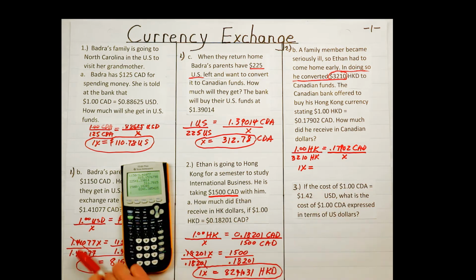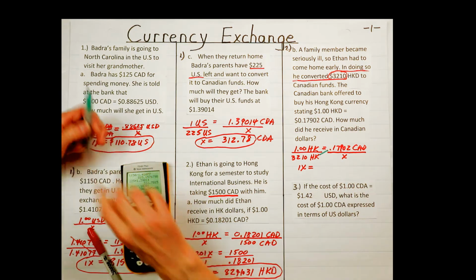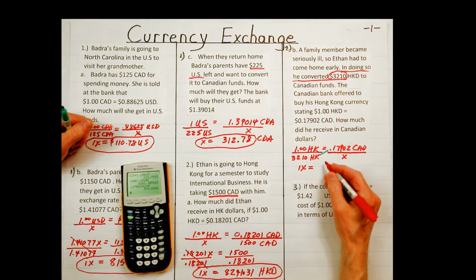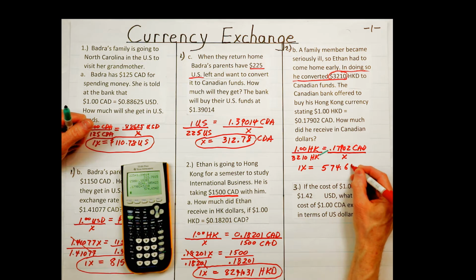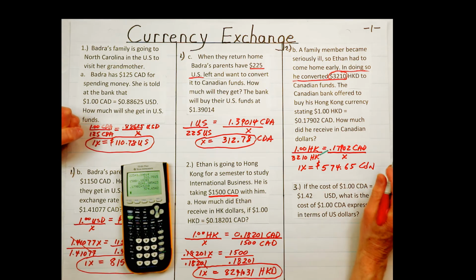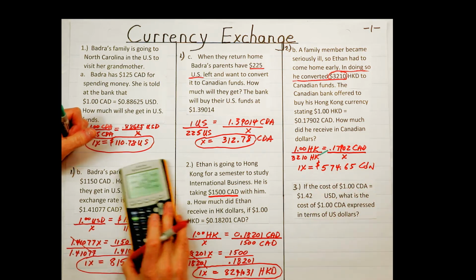We're multiplying that way. .17902 times 3210 gives us $574.65 Canadian. That seems like the right answer. Yes, I think it is.